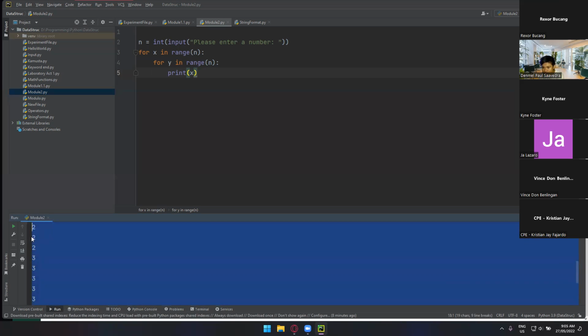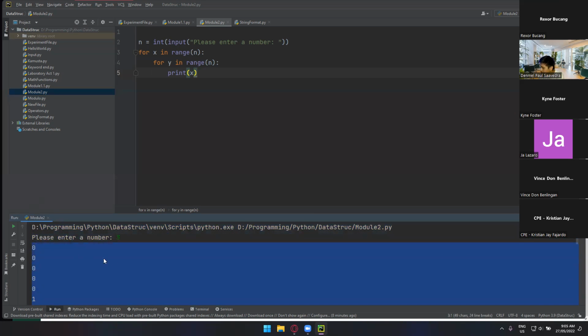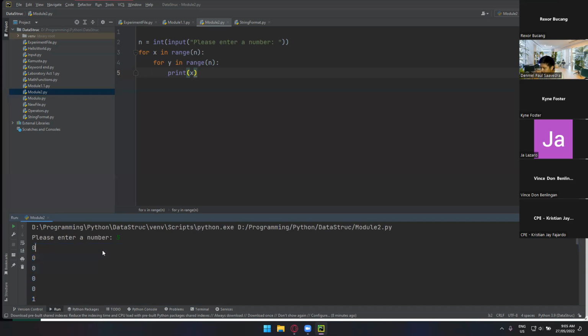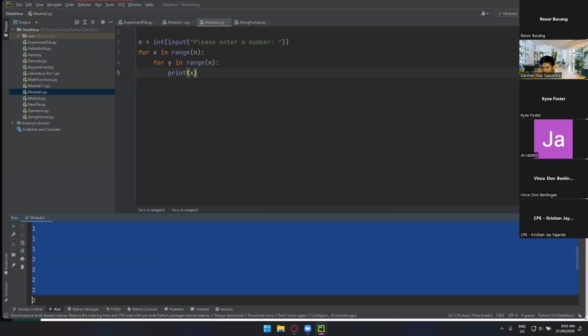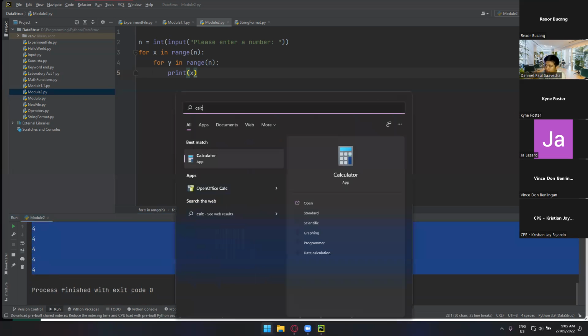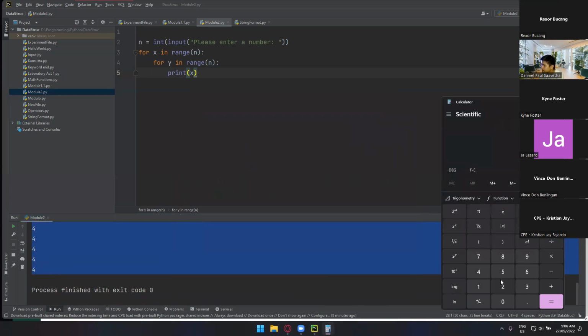So how many lines is this? 24 lines. 25 lines, hindi ba? 2 raised to 5, it's 32.